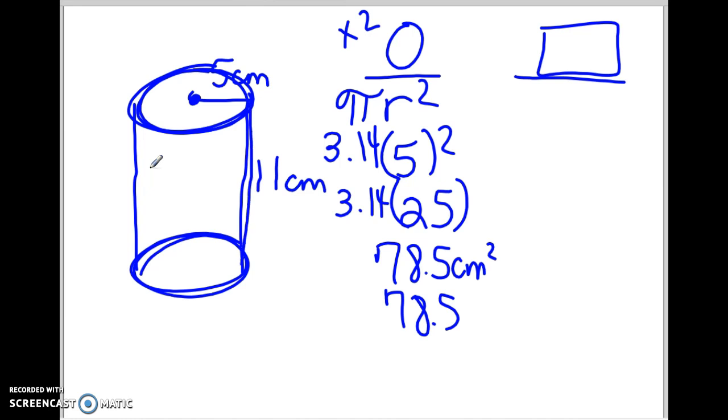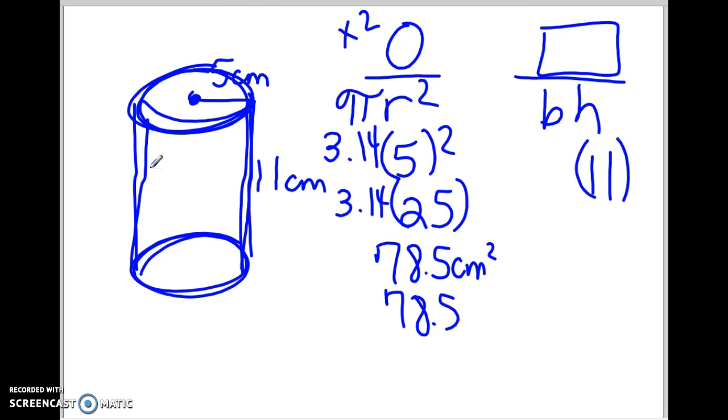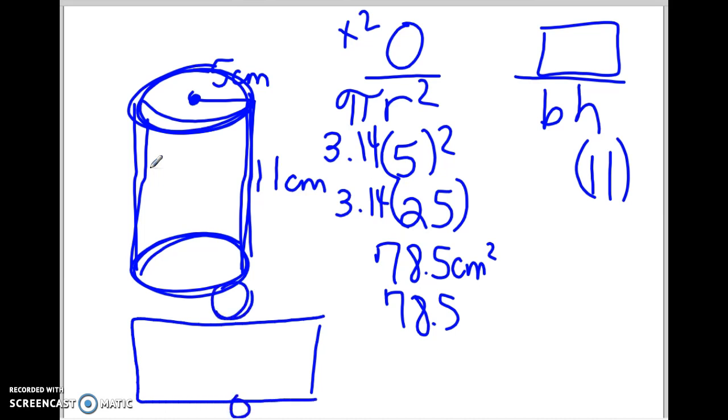To find the area of the rectangle, remember that you have to find the circumference because your height is 11. We know that based on height, right? Your height is 11, but your base of the rectangle, if I draw it out like a net, is going to be the circumference of the circle, remember. So I need to do the diameter of the circle times pi.